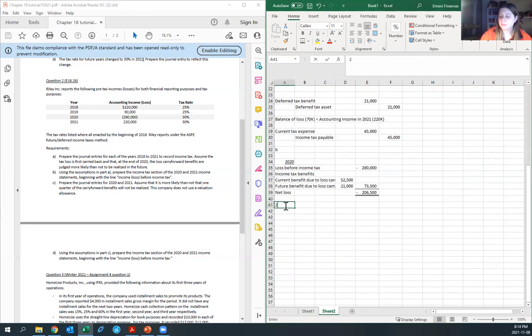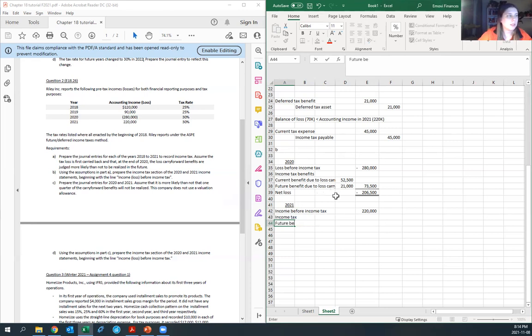For 2021, you're going to start with your income before income tax. That was $220,000. And you're going to have your income tax. So first, you're going to reduce your future benefit.